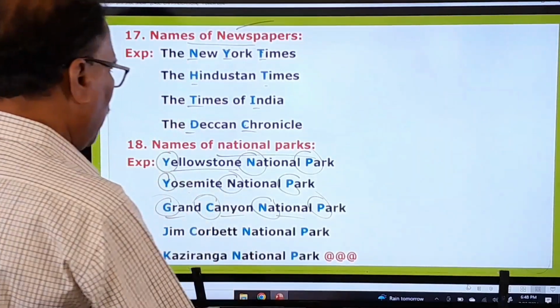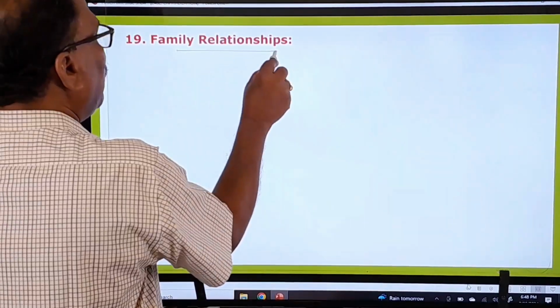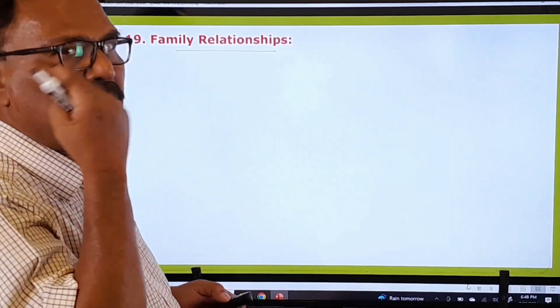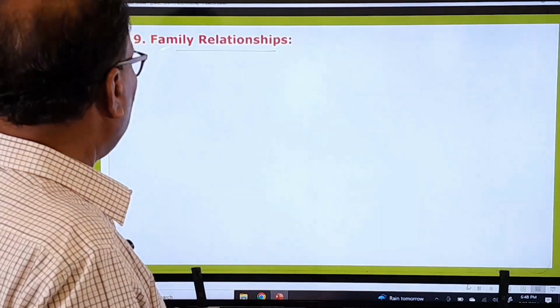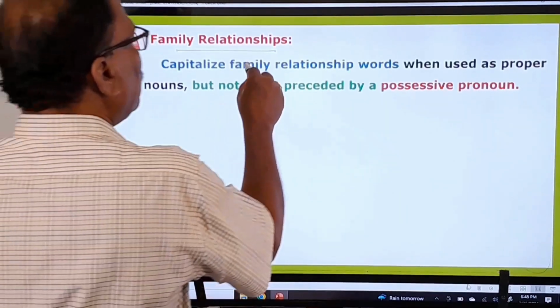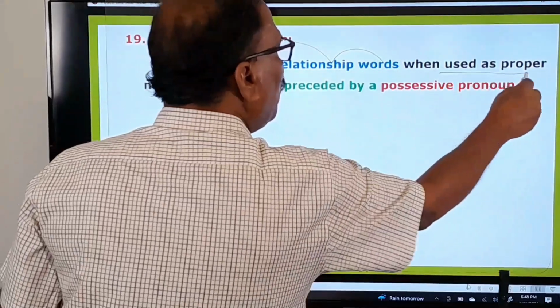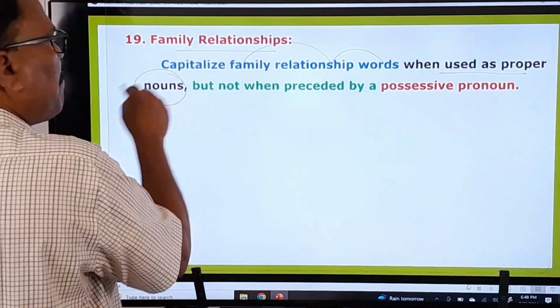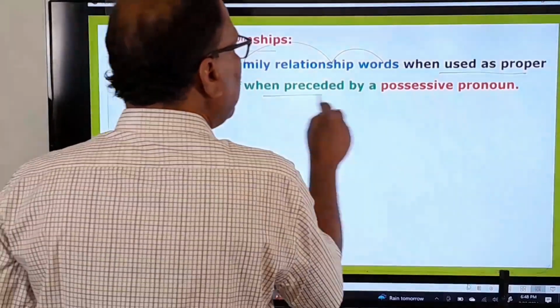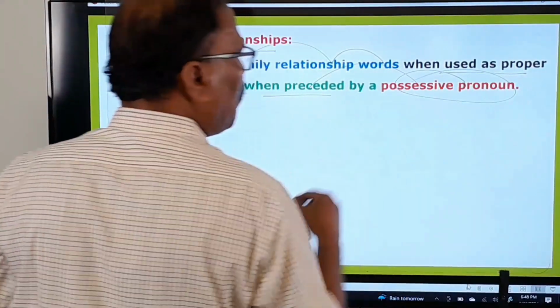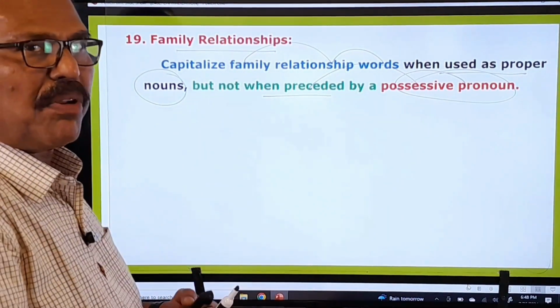Now we move on to learn other rules. Family relationships. To mention family relationships also, we must use capital letters. How? Capitalize family relation words when used as proper nouns, but not when preceded by a possessive pronoun. What are the possessive pronouns?